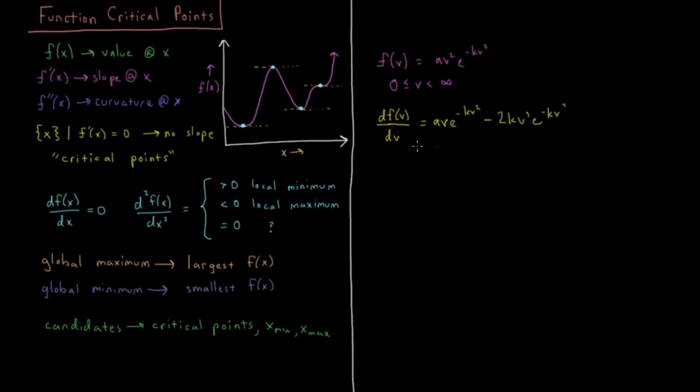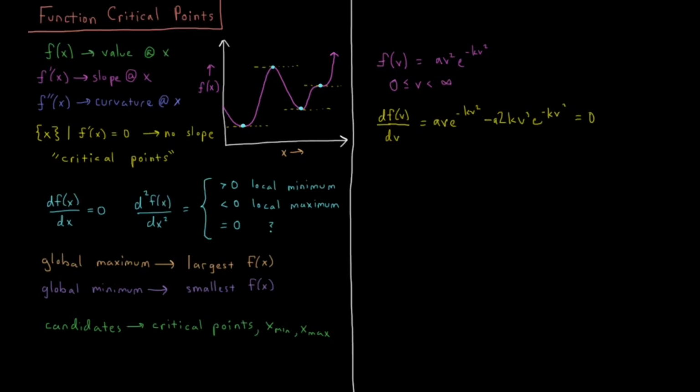And we're interested in the critical points, which are locations where that is equal to 0. So now we're solving that this function is equal to 0. All right, so when is this function going to equal 0? We can factor some things out. Actually, we have an a over here as well.